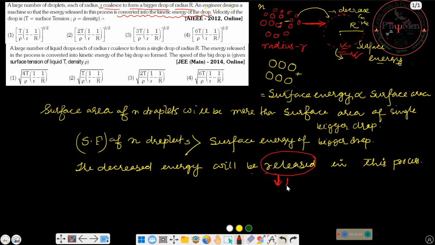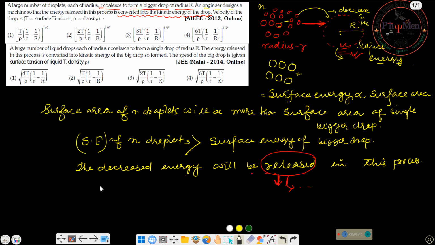Let me tell you that this released potential energy of the surface will be equal to half mv square.